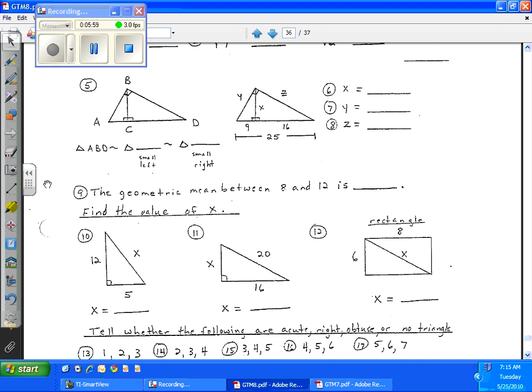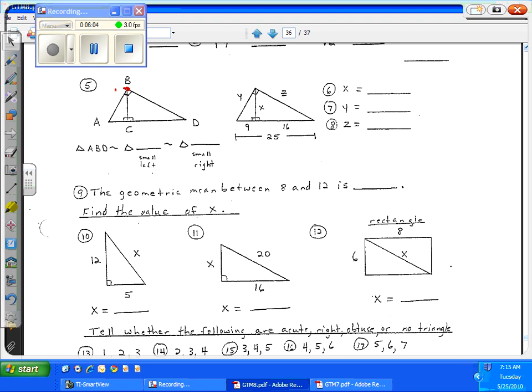Number 5, we have the altitude drawn to the hypotenuse of a right triangle. This is the altitude drawn to the hypotenuse of a right triangle.